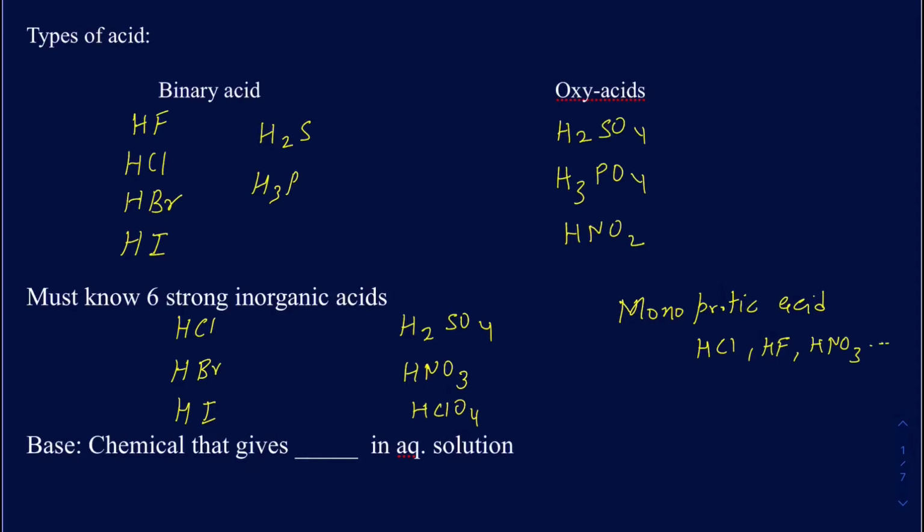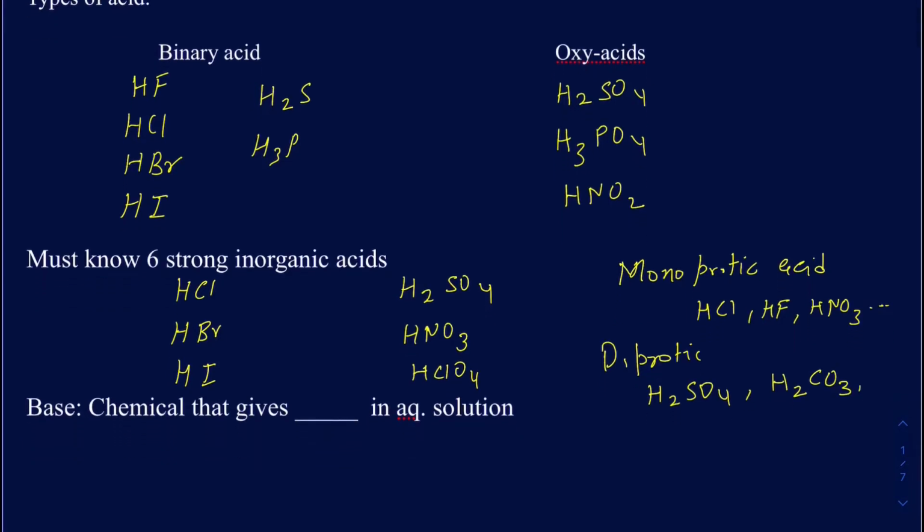What they have in common is the presence of only one hydrogen. For a diprotic acid, you will have 2 protons. For example, H2SO4 has 2 hydrogen ions, or protons, and carbonic acid, H2CO3, is also diprotic.